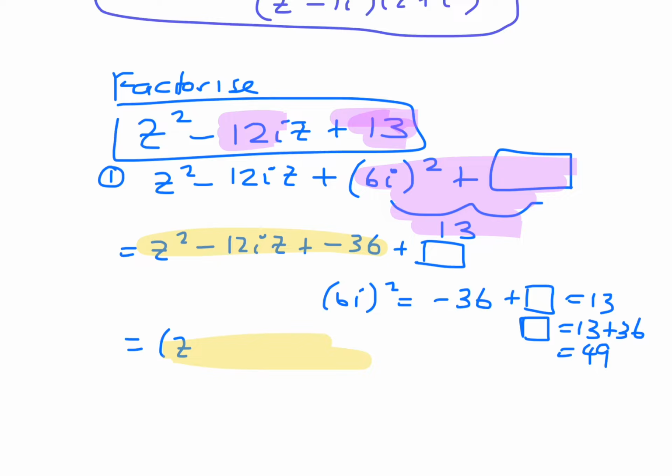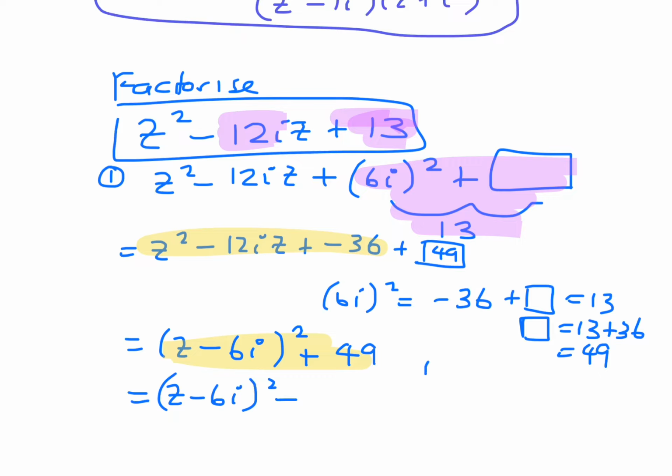Okay, so it'll be z minus 6i squared. And then it's going to be plus, so what do we add on there? 49, so that's 49.